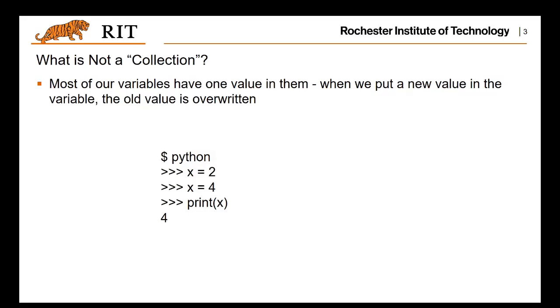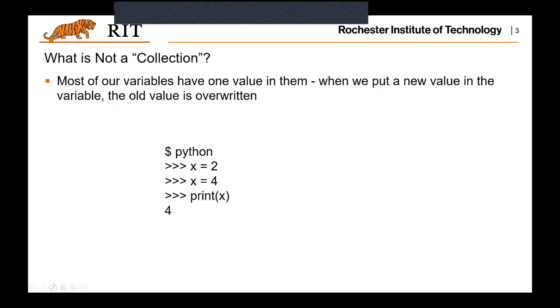So there are different variables. The most commonly seen ones are these single variables, right? So like the one x is assigned to be 2, and then x is changed to 4. So most of these variables have only one value in them, and you can easily change the value stored in that variable by using another assignment statement like this.